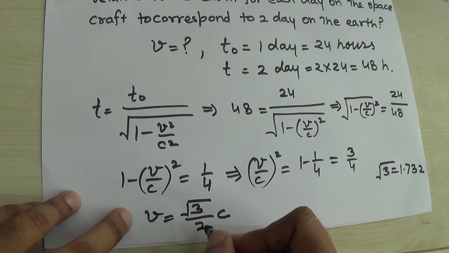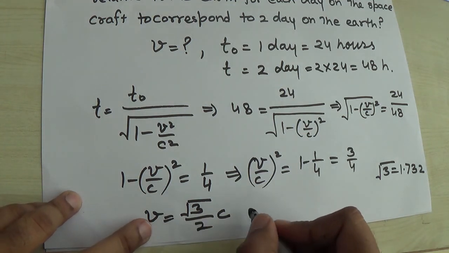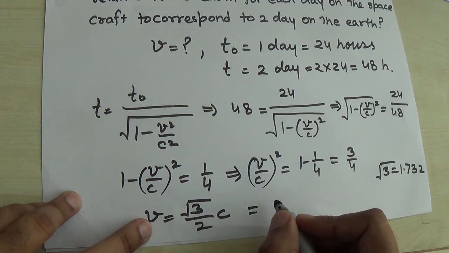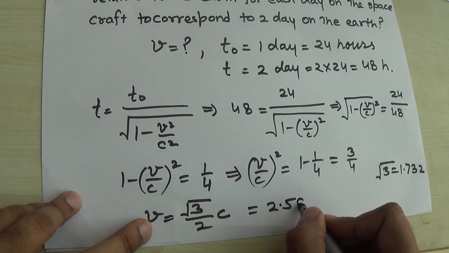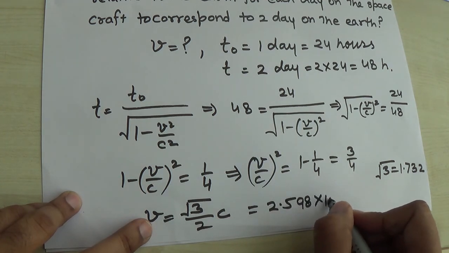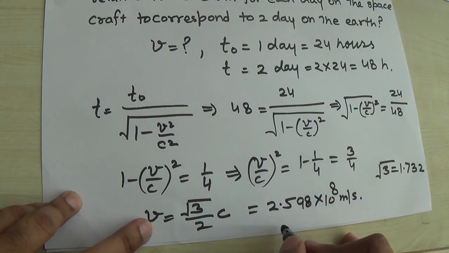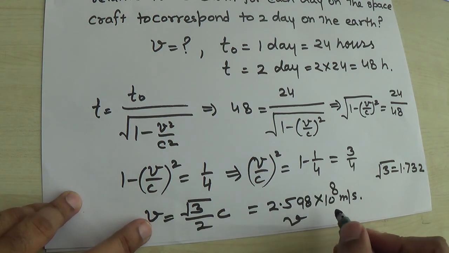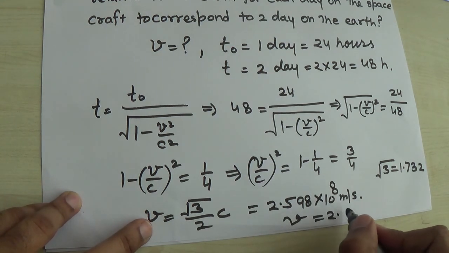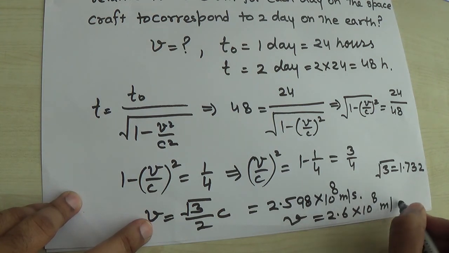So when you put the value in and simplify with the value of C, it becomes 2.598 into 10 raised to power 8 meter per second, or approximately V is equal to 2.6 into 10 raised to power 8 meter per second.